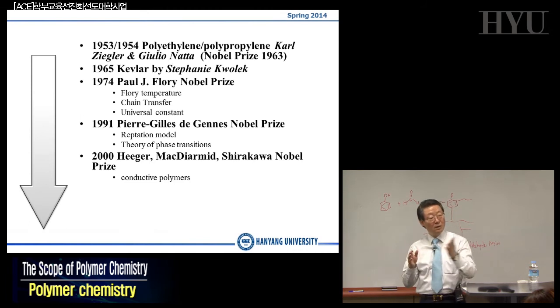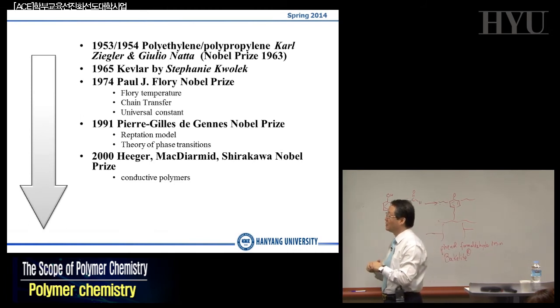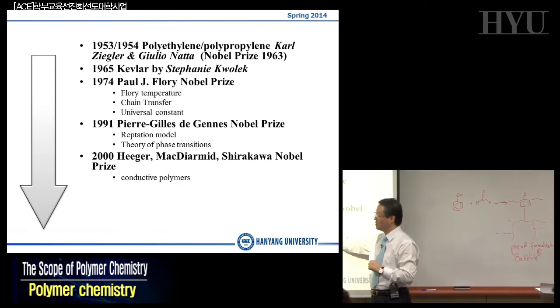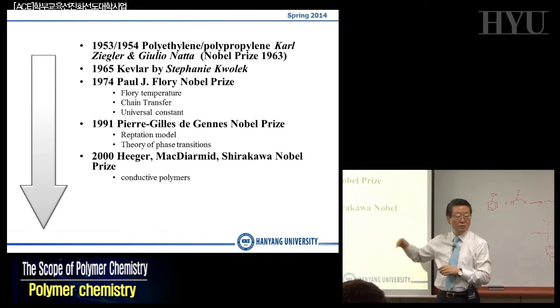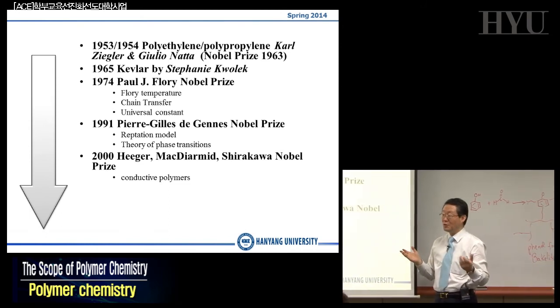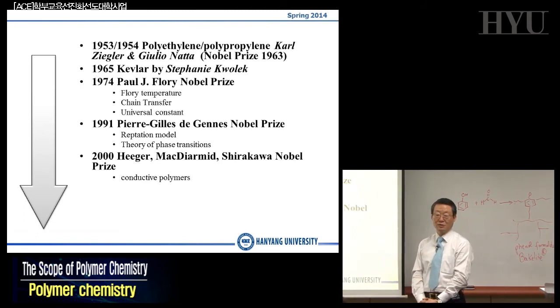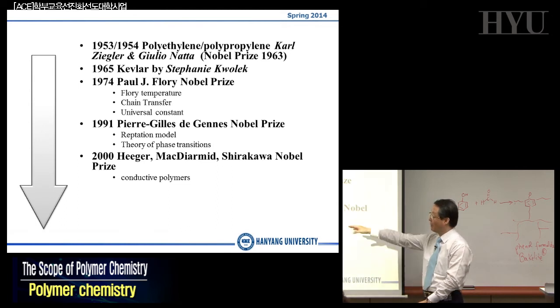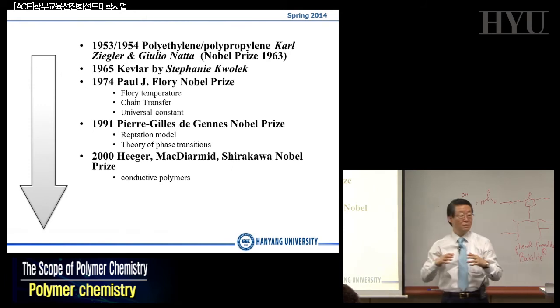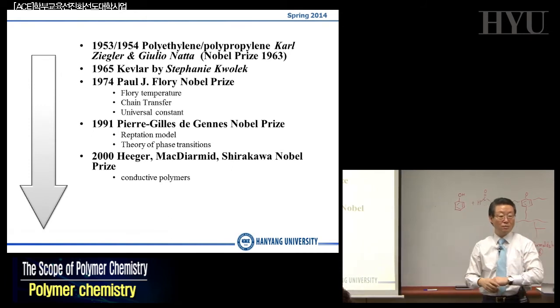Up until the invention of this conductive polymer by these three gentlemen, polymers were regarded as non-conducting, insulating materials to electricity. Okay? But in 2000, they received this Nobel Prize because of the breakthrough in material property.